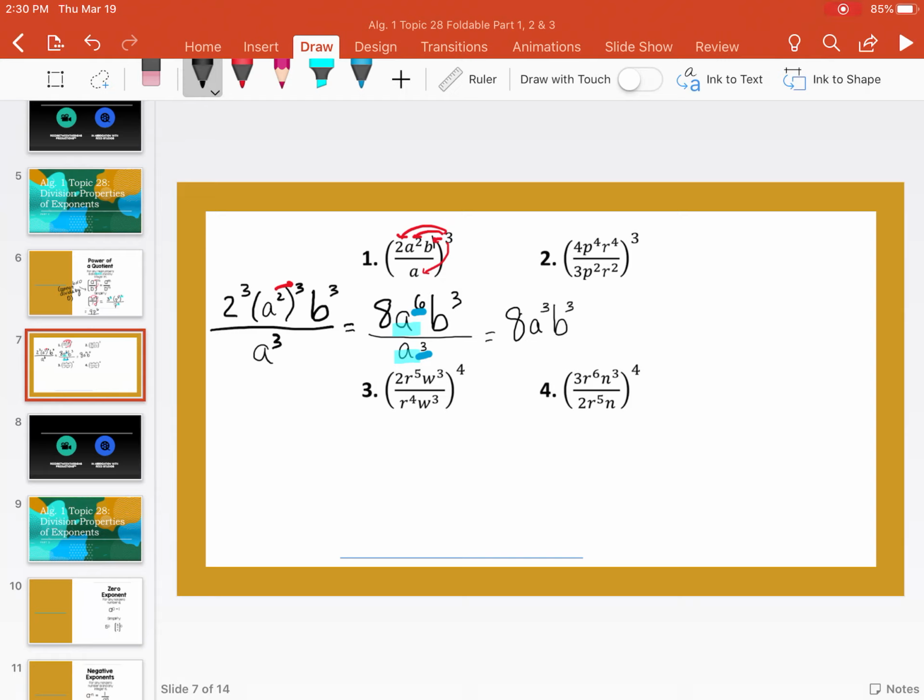Now if we want to move on to our next problem, this is probably going to get a little bit messy, I apologize. We're going to read it first. 4p to the 4th, r to the 4th divided by 3p squared, r squared, all raised to the third power. So we're going to apply that cubed to every single term.